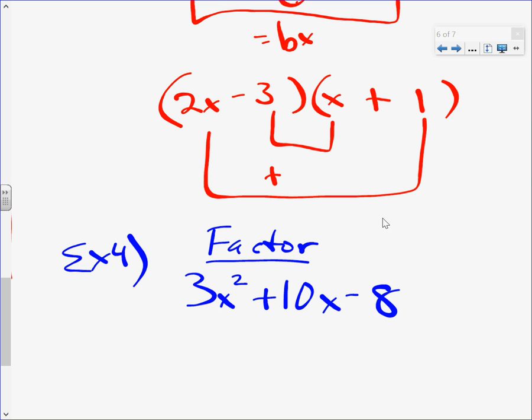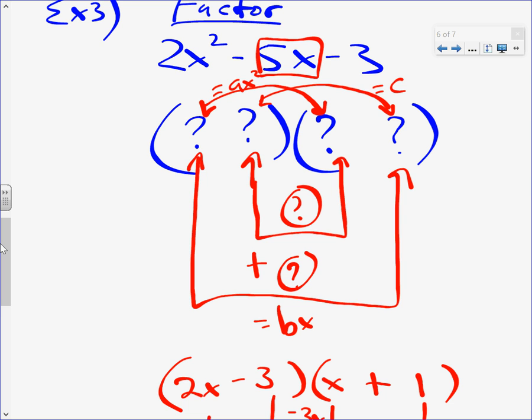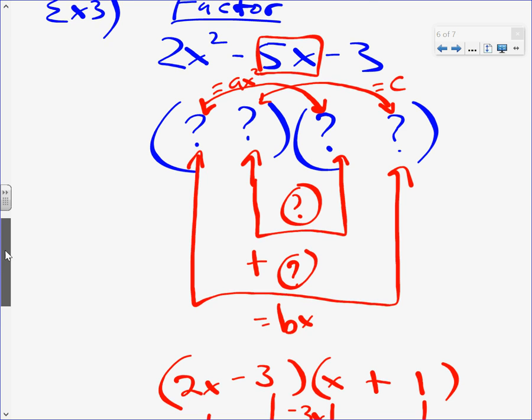They should be bx. Let's see. Negative 3 times x is negative 3x. 2x times 1 is 2x. Now I'm going to add negative 3x to 2x. What does that make? Negative x, huh? Is that the bx that we're looking for? Nope, we needed a negative 5x. So let's go back to the drawing board.